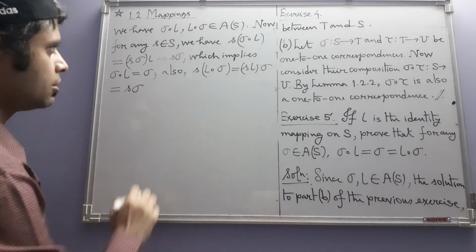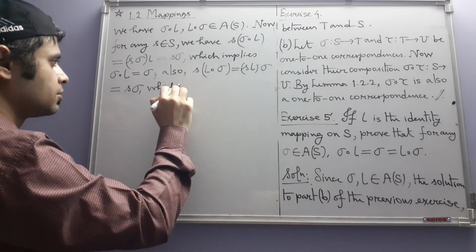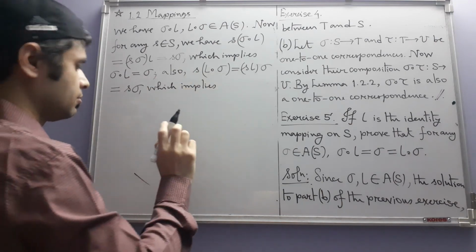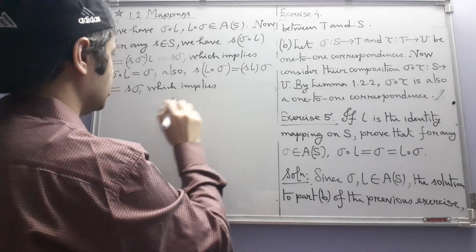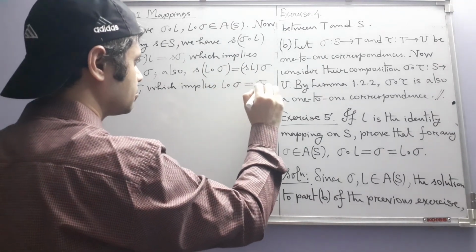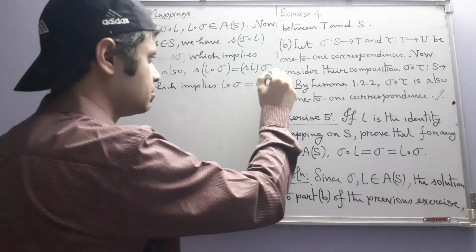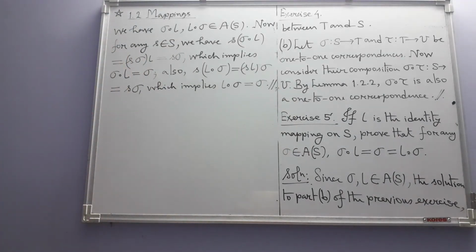So this is equal to s sigma, which again implies that now this function and this function, they are equal. So that just proves what we wanted. So this completes the solution.